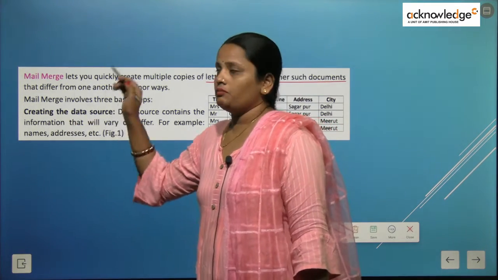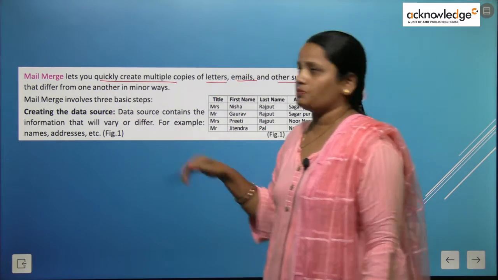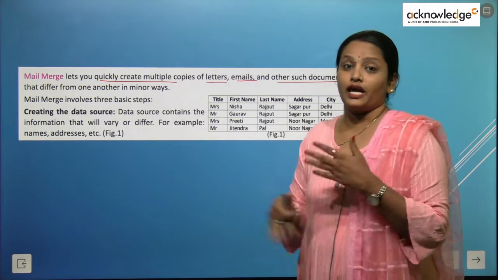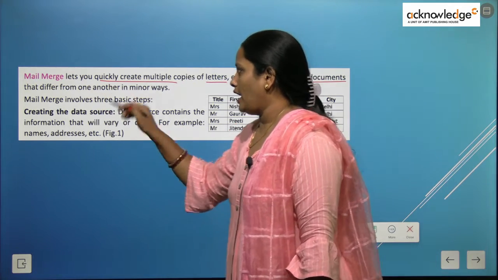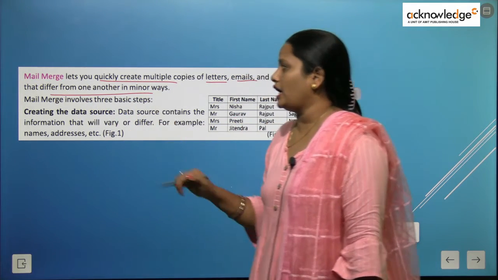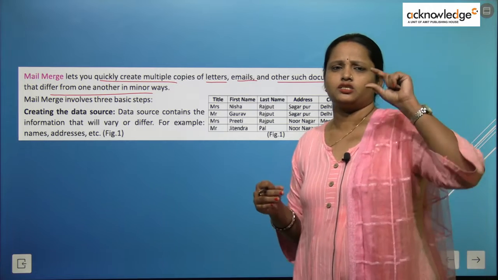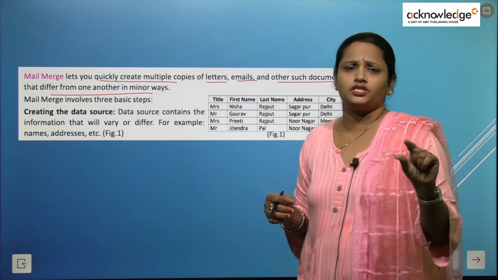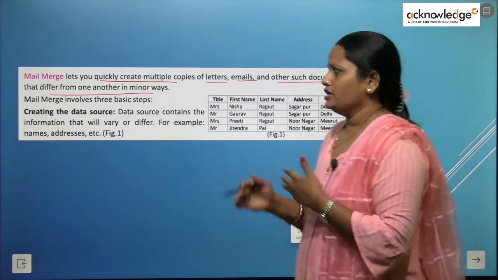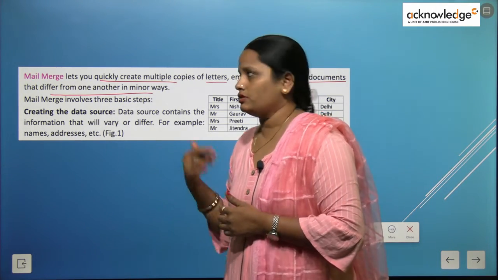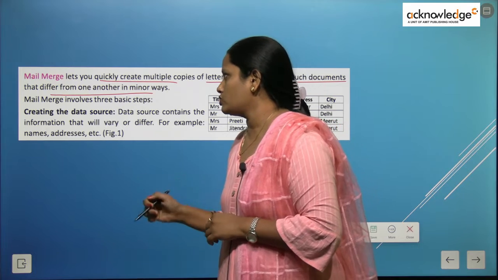So by mail merge we can quickly create so many copies, like we do in photocopies, that differ from one another in a minor way. A small change is there and the rest of the body is the same. And we just quickly send it to those people we want to send it to.